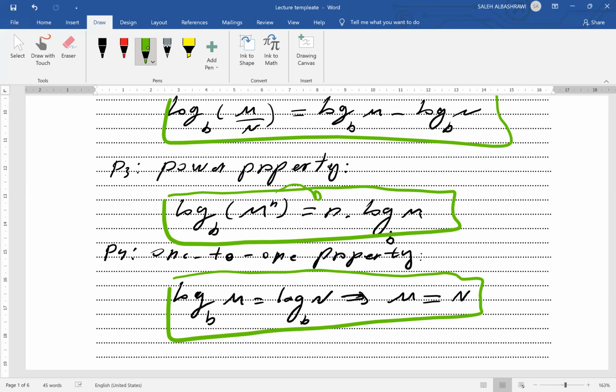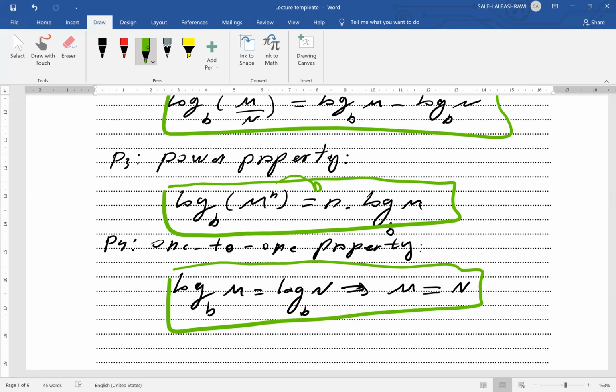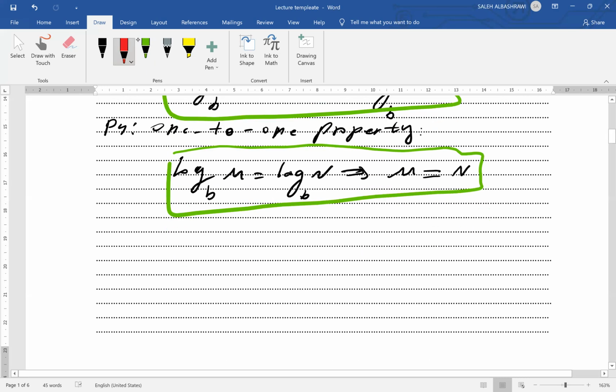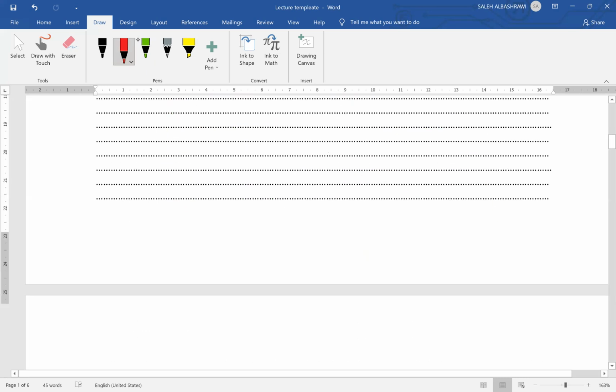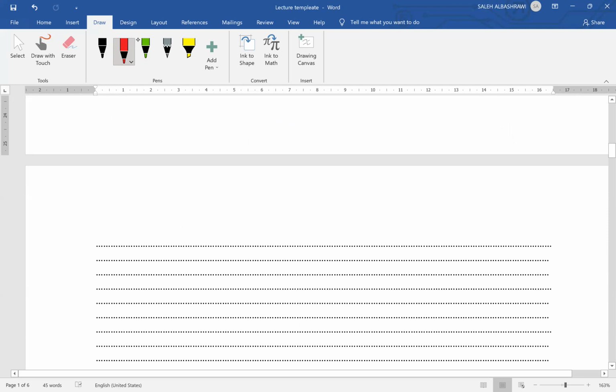These properties are used to expand the logarithm sometimes or to write it in a compact form. And this is very useful later on to solve logarithmic equations. For example, I want to expand the given logarithm.